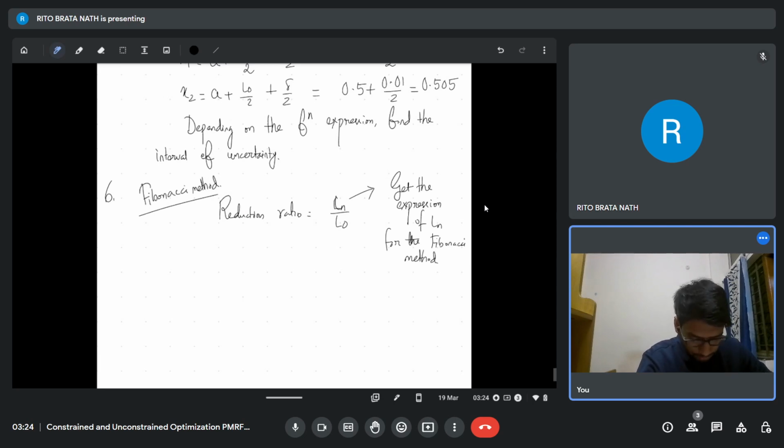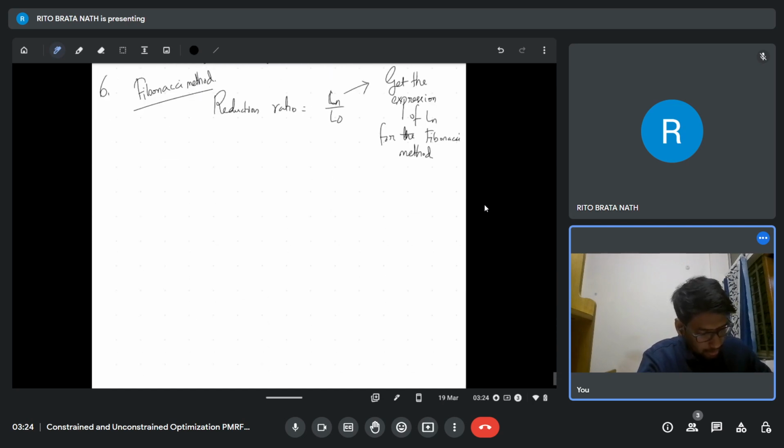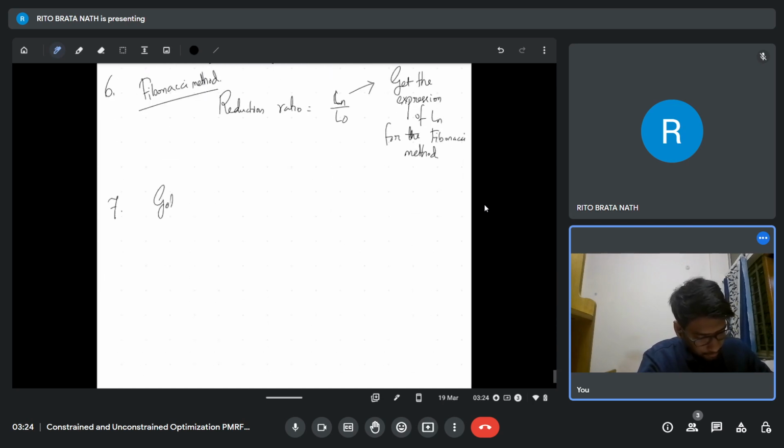Okay, so that's the 6th problem. The 7th problem is on the golden section search method, where you have to find gamma.